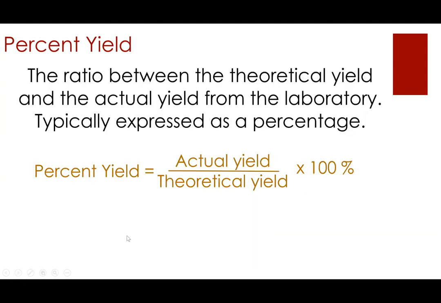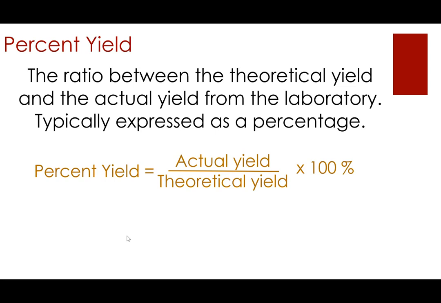So percent yield is going to be the ratio between the actual yield and the theoretical yield. How much did I actually get out? How much should I have gotten out? And then multiply it by 100 to make it a percentage. In other words, percent yield really is the efficiency of our reaction.